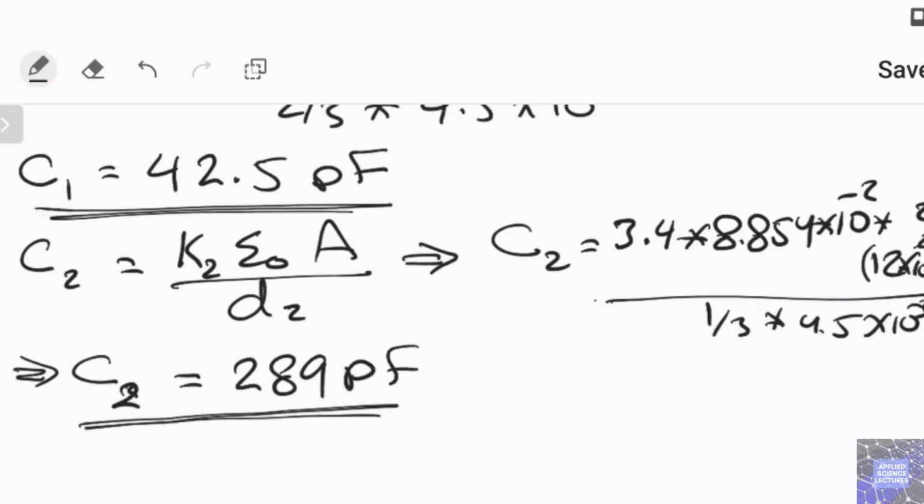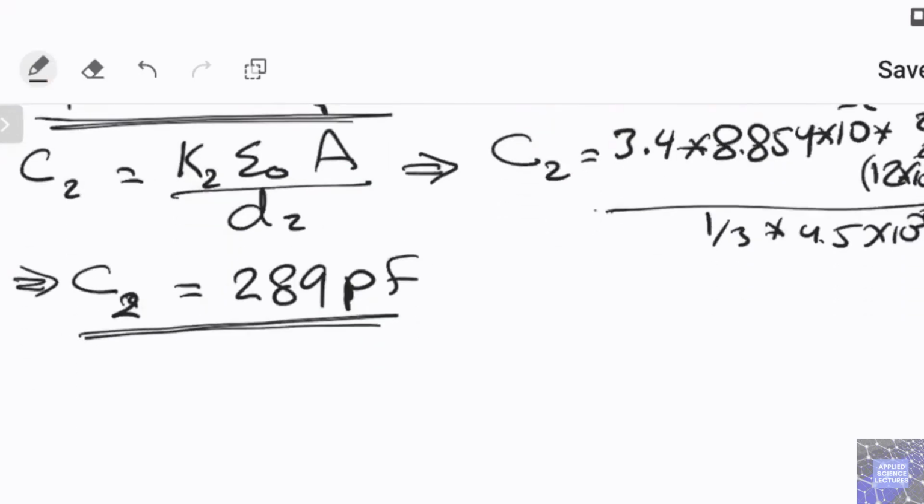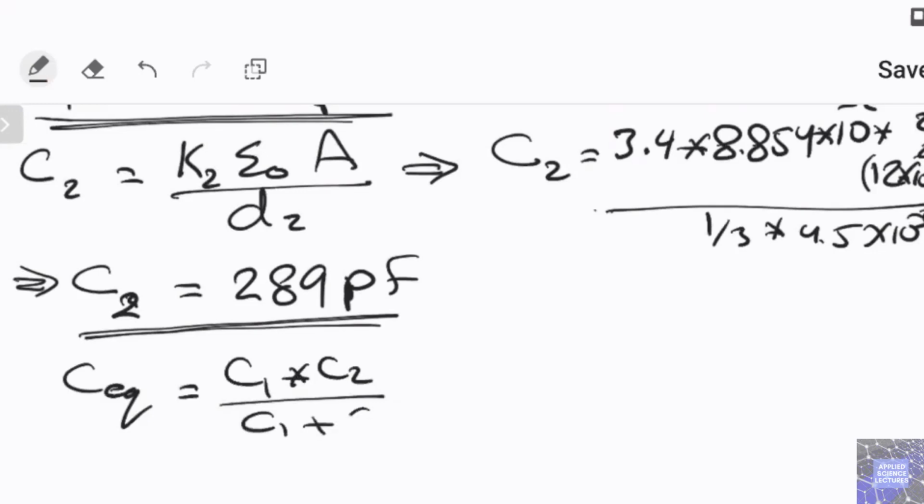So C1 is 42.5, C2 is 289, and as we said, C1 and C2 are in series, so in this case we can say that C equivalent equals C1 times C2 divided by C1 plus C2.